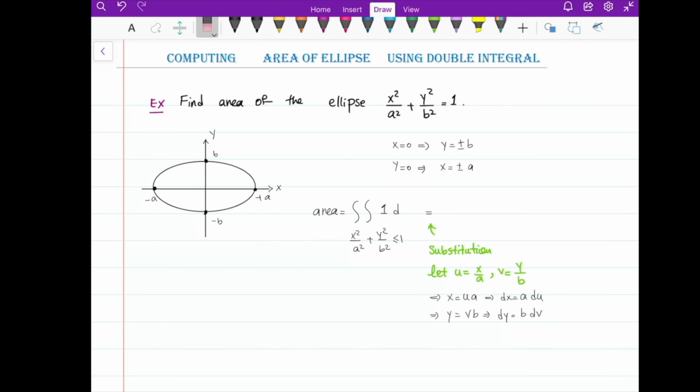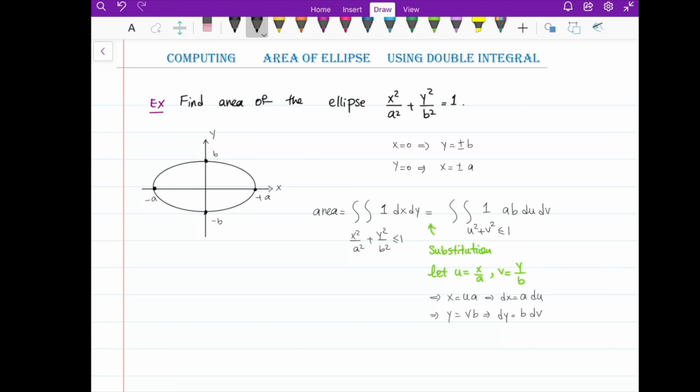So instead of dA, I have dx dy, and now I get 1, so dx would be a du, and then dy would be b dv, and then the integral would be on, I need to basically replace u and v in the equation of the ellipse, so I get u squared plus v squared less than or equal to 1 squared, okay?